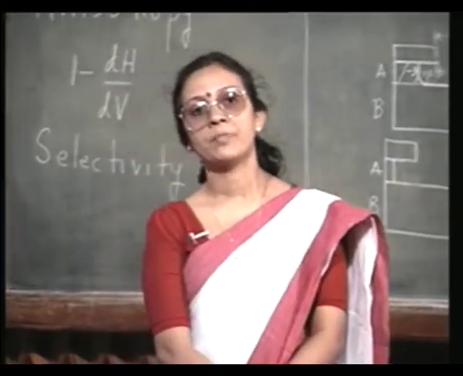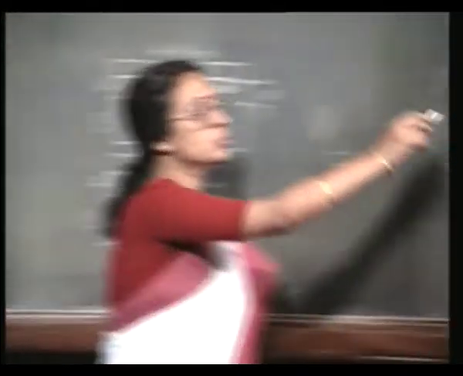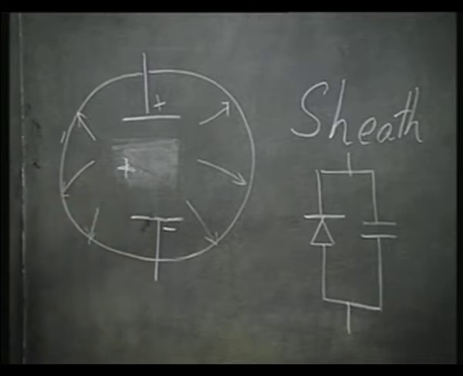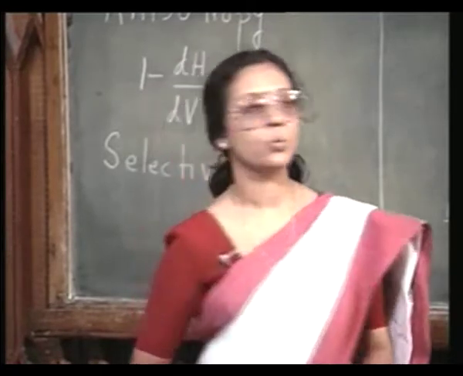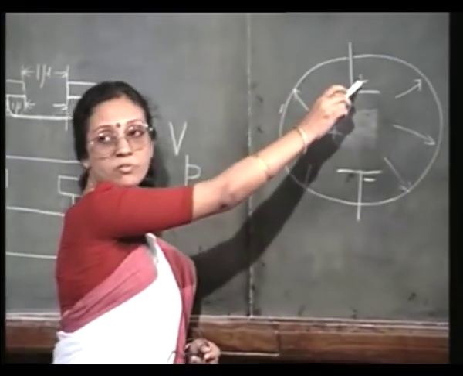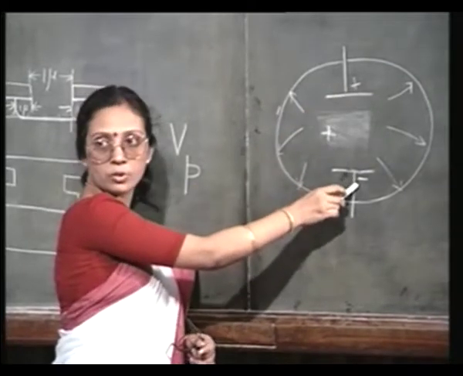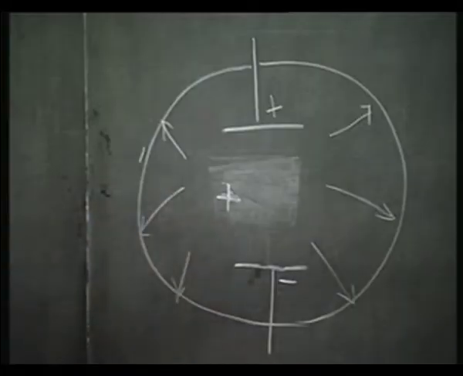Now, you see, so long as the two electrode areas are the same, the situation is going to be identical for the two electrodes, right. That is, during one half cycle, one electrode is going to be positive, the other electrode is going to be negative, and in the next half cycle the situation is going to reverse itself.